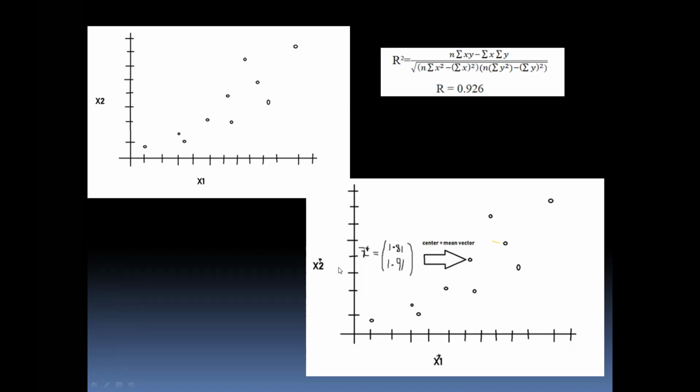This is the centered mean vector for the scattered data, with value 1.81 comma 1.91, because it is two-dimensional data.